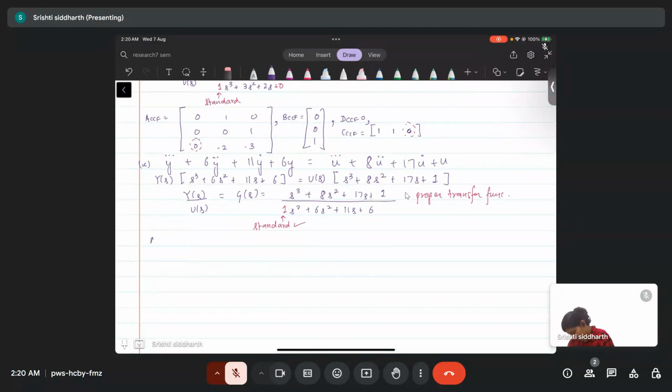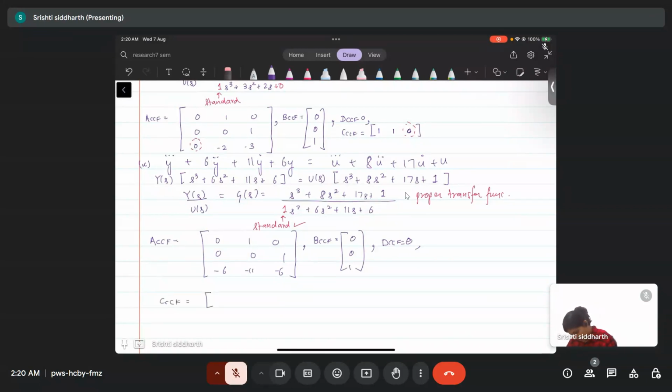So let's form the matrices. It's going to be -6, -11, and -6. This is 0, 0, 1. You already know what this is. And now let's see what C is going to be.